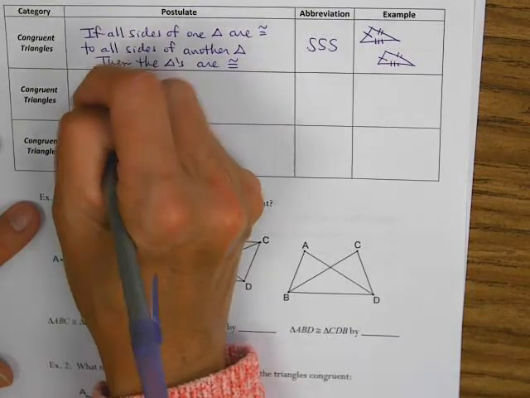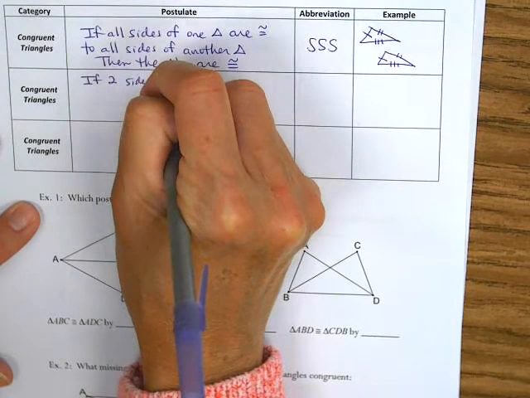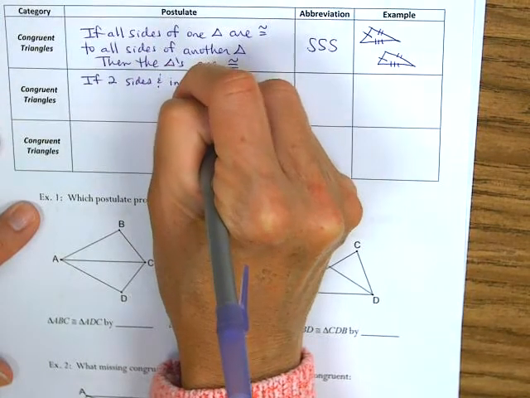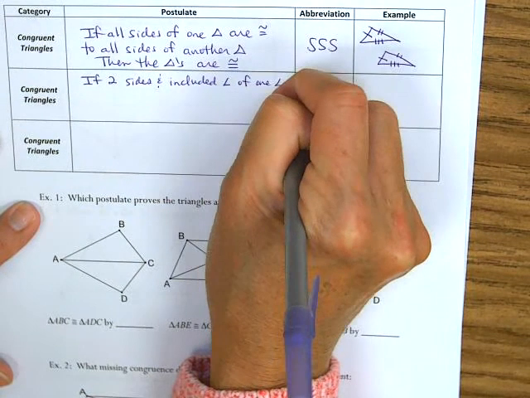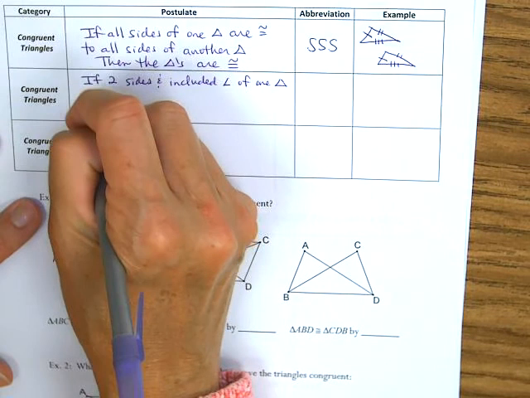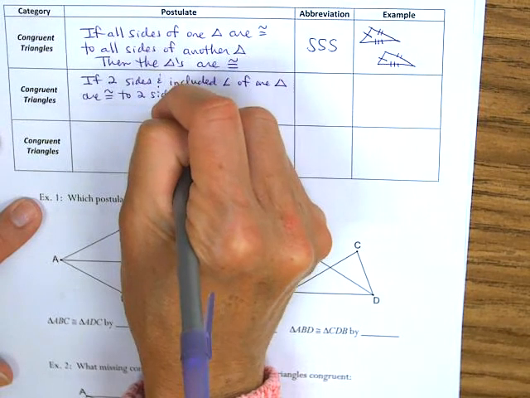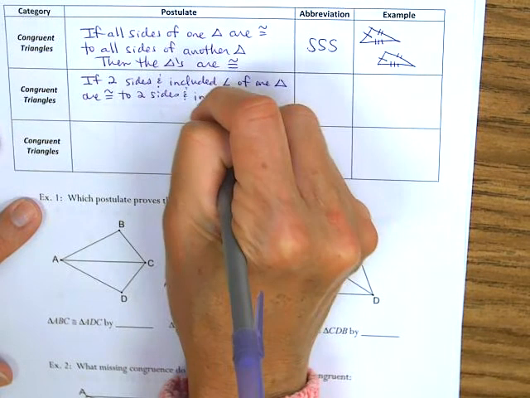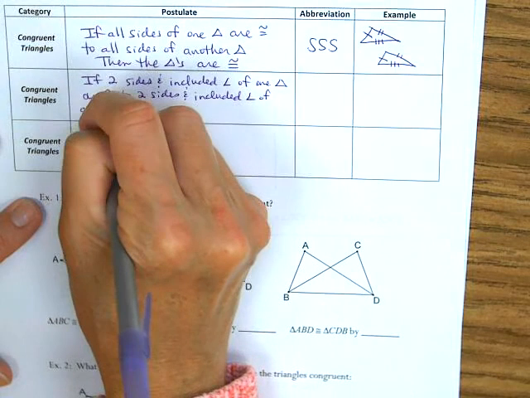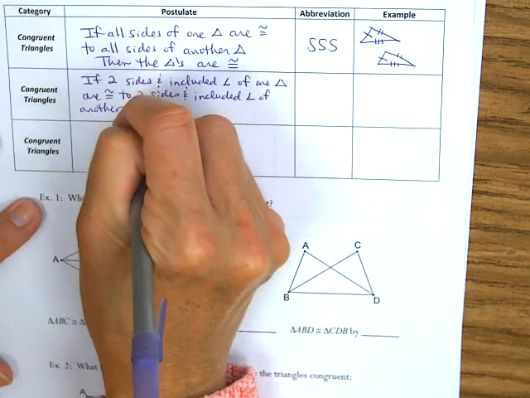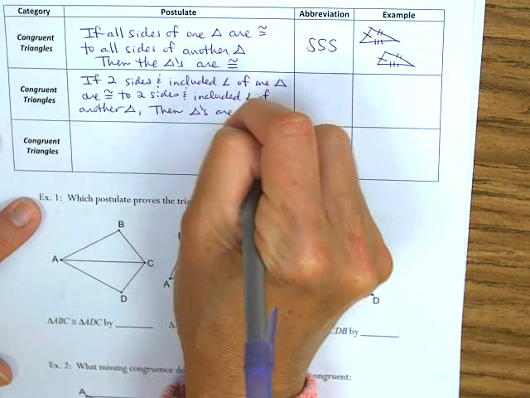Then our second one was if two sides and the included angle of one triangle are congruent to two sides and the included angle of another triangle, then the triangles are congruent.